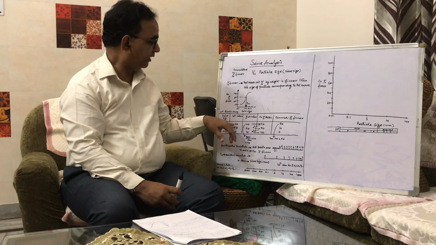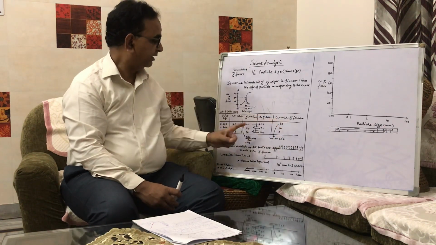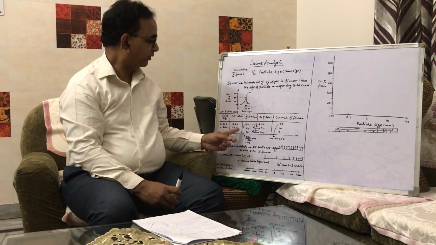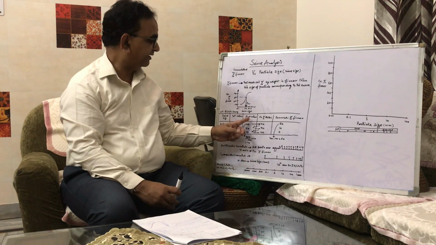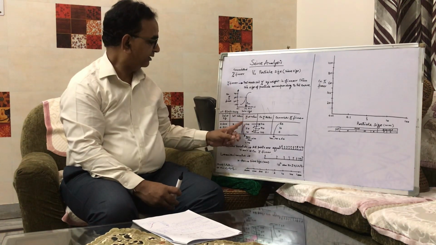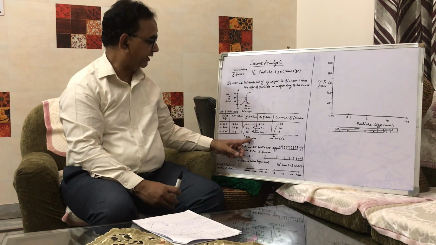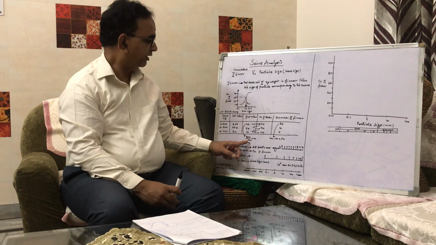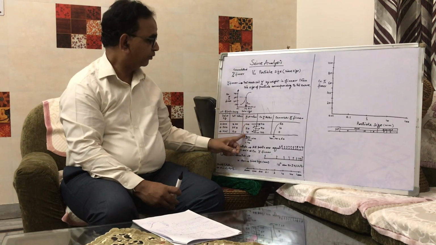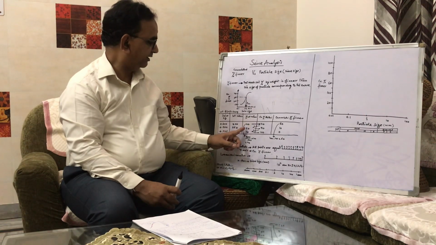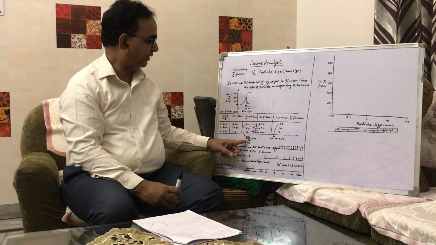So how to calculate this weight retained in terms of cumulative percent? You have to calculate first the percent weight retained: 200 is the weight retained, 200 divided by total weight 500 into 100 is equal to 40%, that is percent weight retained. Similarly for 50 and 10, in the same manner.